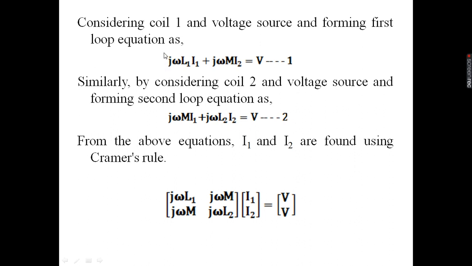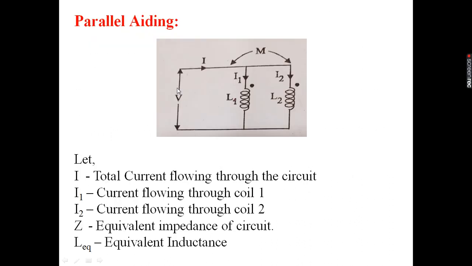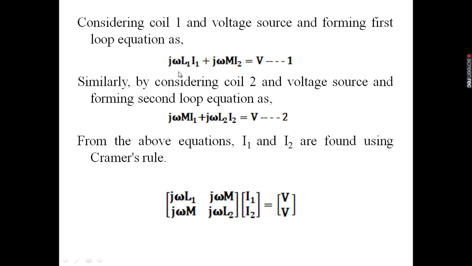Now let us form the equations. Considering this voltage source and coil 1, we can write a voltage equation. The total voltage applied equals the sum of the self-induced voltage and the voltage due to mutual inductance.